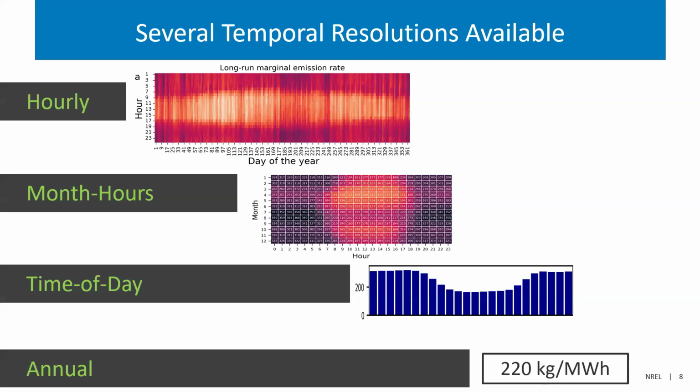If you don't have time-resolved demand data that you would need to multiply against ours, or you just don't care about the diurnal and seasonal trends, then we provide that annual data. It's helpful for better understanding the trends across time. Depending on what analysis you're conducting, you may be interested in different temporal resolutions that are available for download.